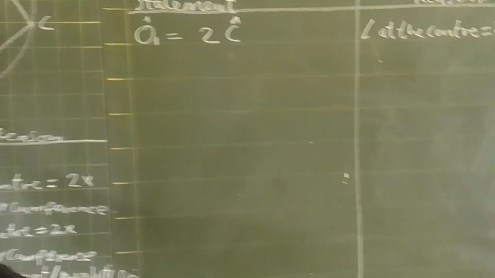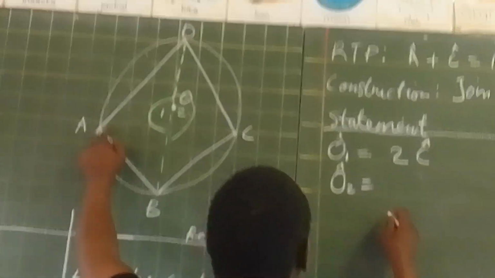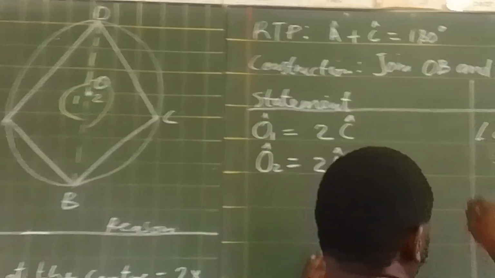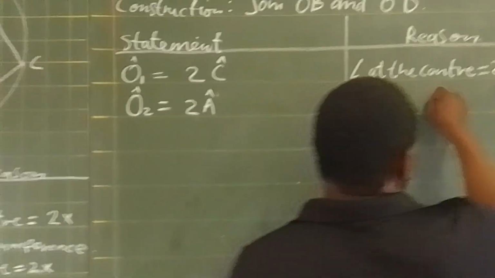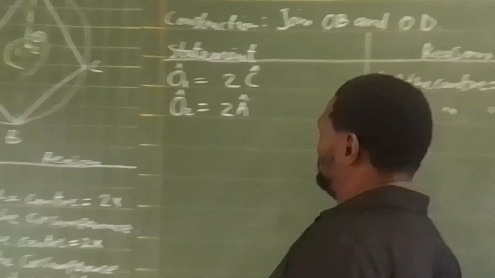We come to this angle, angle O2 is equals to 2 angle A. Same reason, angle at the center is equals to angle at the circumference.